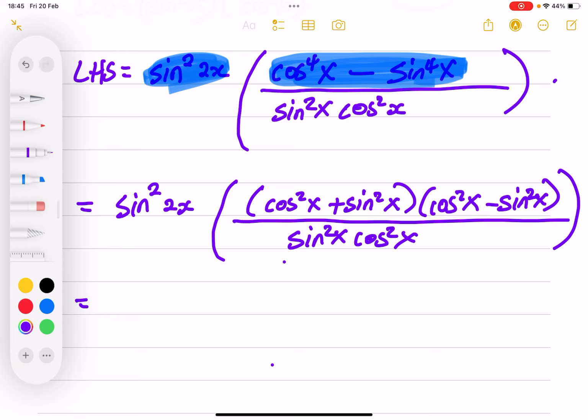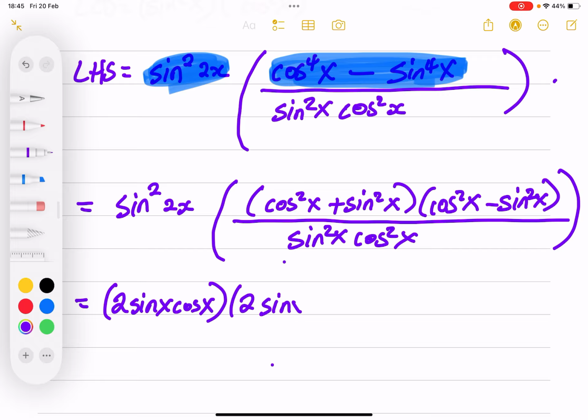Okay, let's go on. We know that sine 2 theta is 2 sine theta cos theta. So I'm going to change sine 2x to 2 sine x cos x, but there's a square, so I repeat this twice.